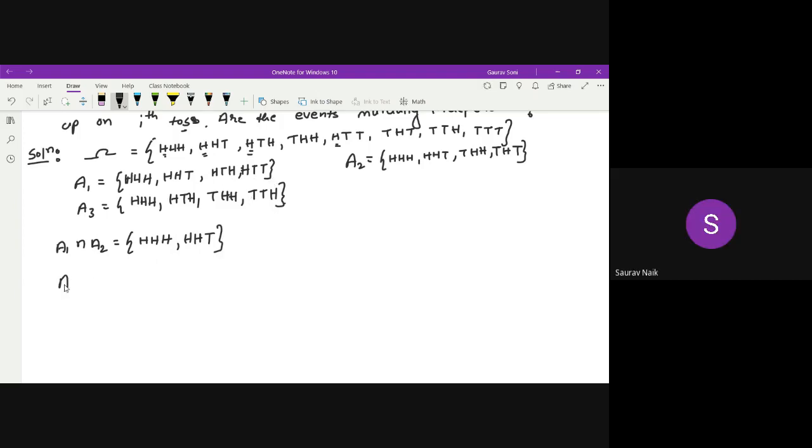Then A2 intersection A3 is equal to head, head, head, then tail, head, head.